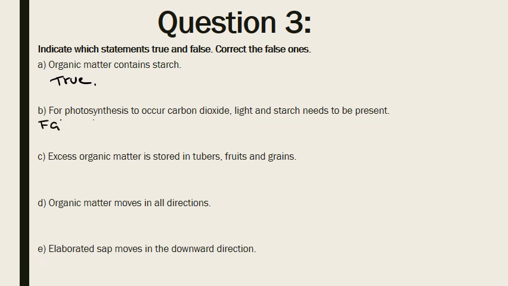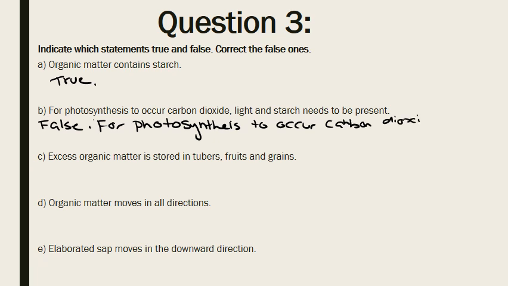Okay, so for photosynthesis to occur, carbon dioxide, light, and not starch, we need chlorophyll, and chlorophyll needs to be present.